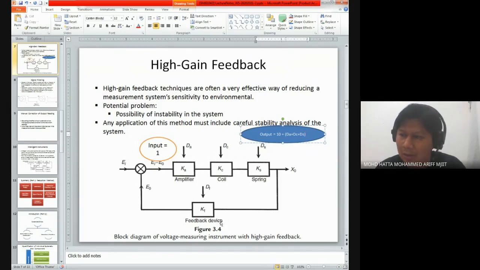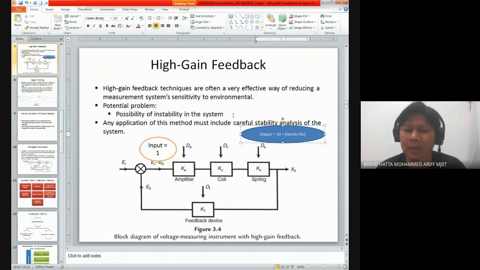However, the implementation of this high gain feedback is not as easy as it looks. Just put in a feedback device, put a gain over here. Not as easy as that, because we will also encounter another problem known as instability in our system. To get into the details of this, I think you need to take control system courses as well.